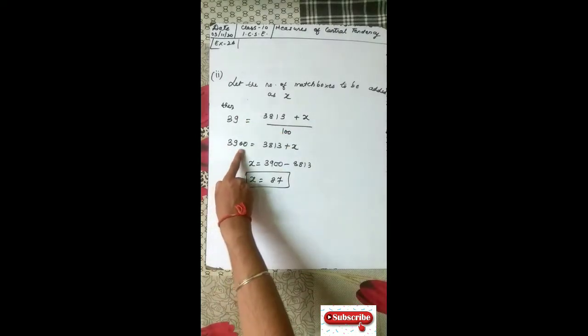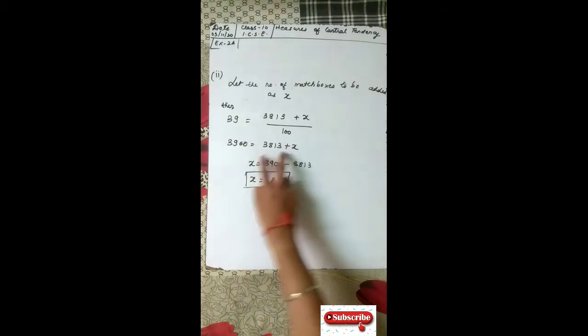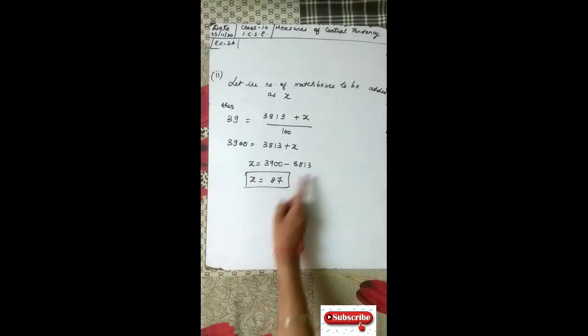Take 100 that side, so it will be 3900 equal to 3813 plus X. Take 3813 that side, so X will be this minus 3813, which is 87. So this is the required number of matches to be added to make the mean 39.